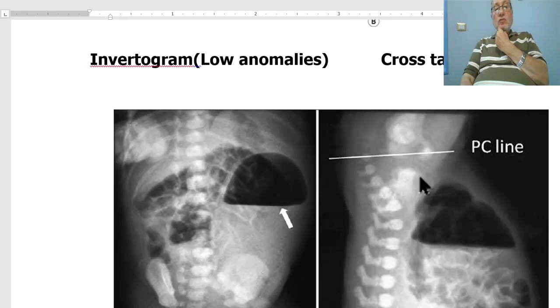In addition to X-ray and the coin test, pelvic and perineal ultrasound, CT scan, and MRI will show the definite pelvic anatomy and the exact vertebral anomalies if present.